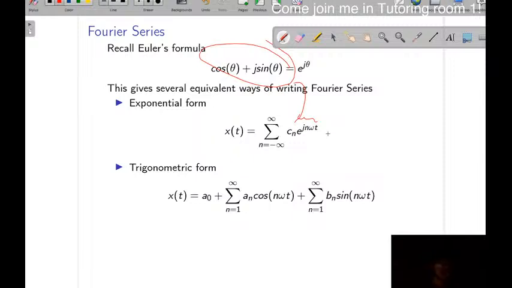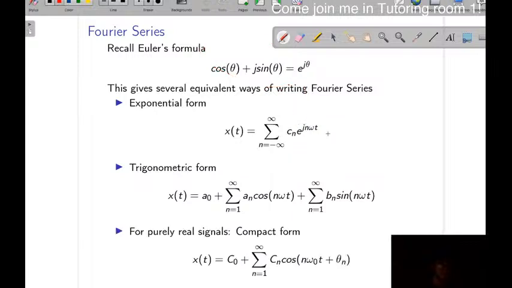So we get the trig form here. It's a sum of sines and cosines. And another result that we get here for purely real signals is the compact form.